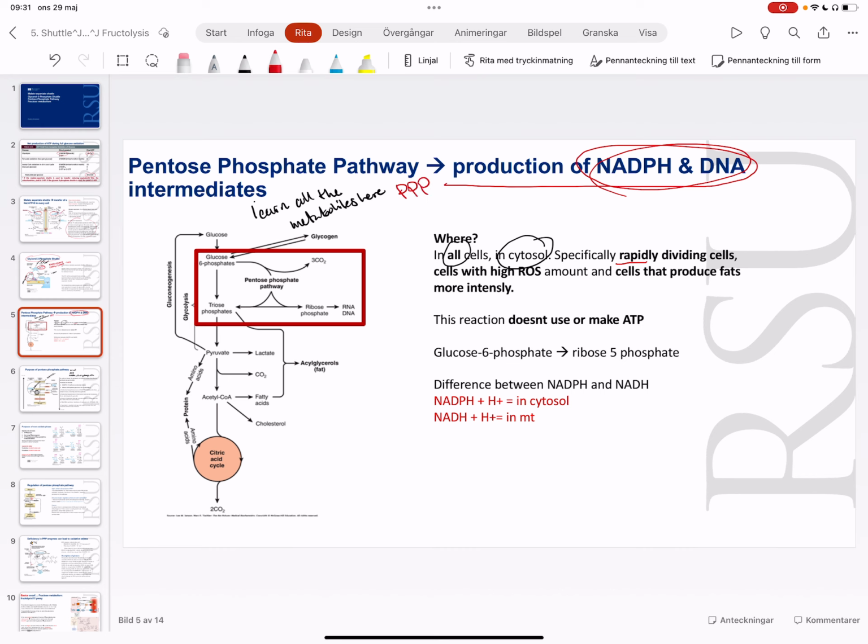The pentose phosphate pathway, PPP, will be happening mostly in rapidly dividing cells because they need a lot of DNA, and they need NADPH for fatty acid synthesis, etc. And also cells with high amounts of ROS, so reactive oxygen species, will also need a lot of NADPH because NADPH can help neutralize these reactive oxygen species.